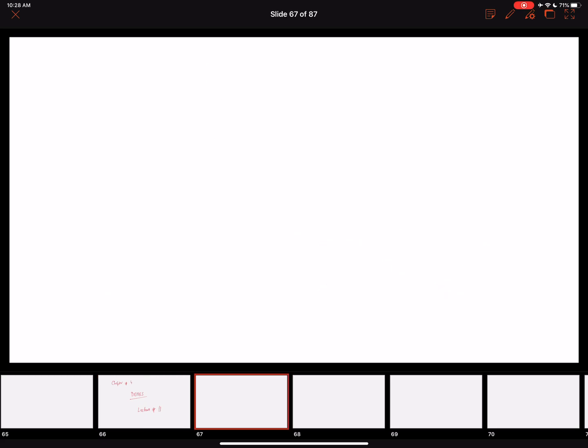So in this lecture, we're going to discuss the other type of full wave rectifier known as the bridge rectifier. It is called a bridge rectifier because the configuration of it looks very similar to a Wheatstone bridge.